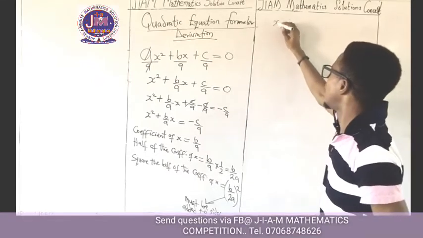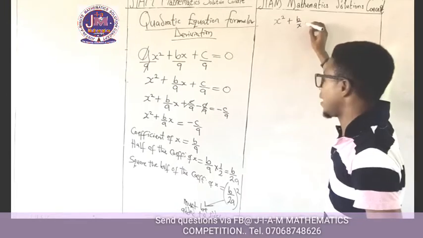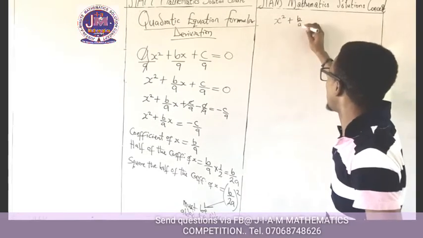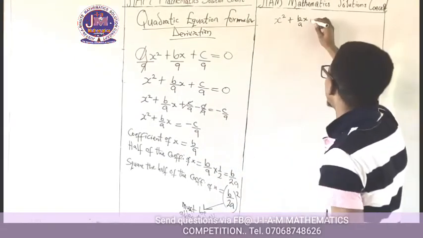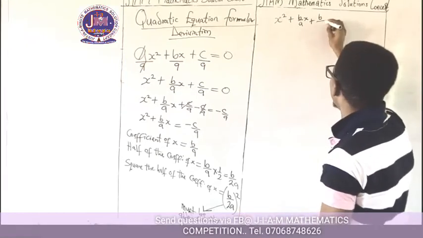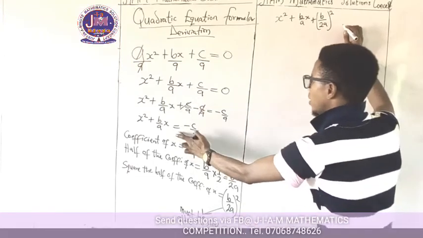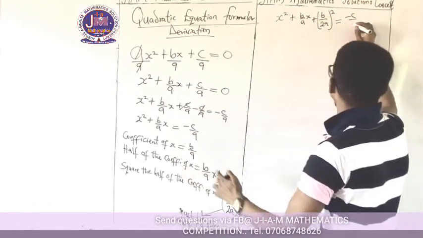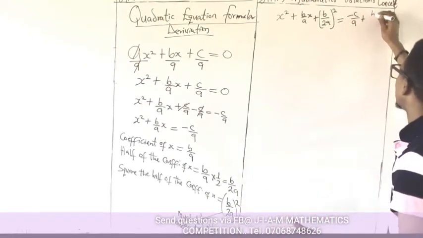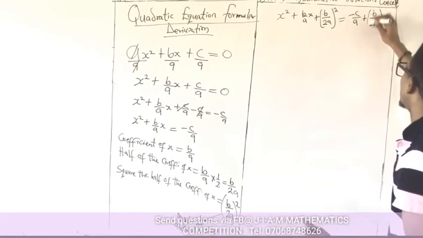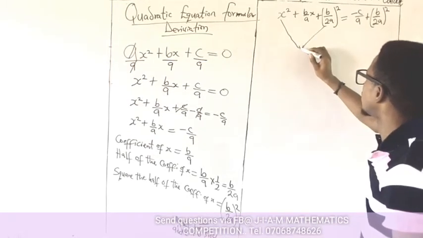So that's x squared plus b over a x, plus b over 2a squared, equals minus c over a plus what we are adding to both sides, b over 2a squared. Now this is what is called both sides. We pick this, and not this. This is what we're looking for.